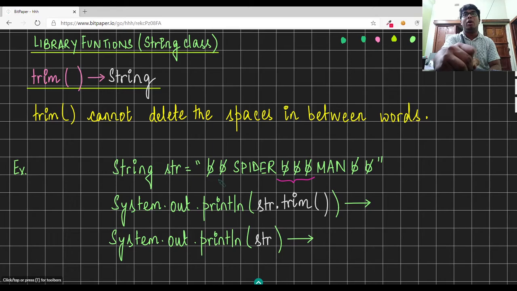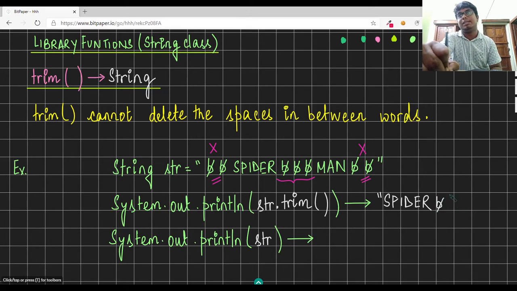So it can only delete the leading and the trailing spaces, but it cannot delete the spaces that are enclosed between two words. All right. So the output of str.trim would be spider, and it would contain the three spaces followed by man.